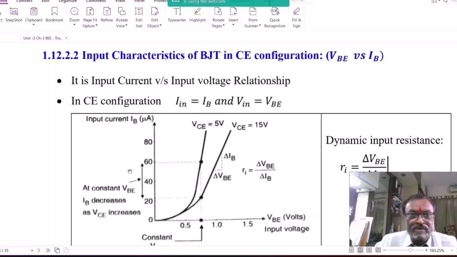We see these characteristics are similar to a PN junction diode in forward bias, because the base to emitter junction is a forward biased PN junction diode, and therefore input characteristics are nothing but the PN junction characteristics of the base to emitter junction.